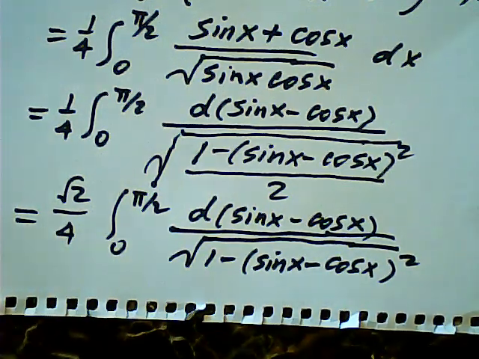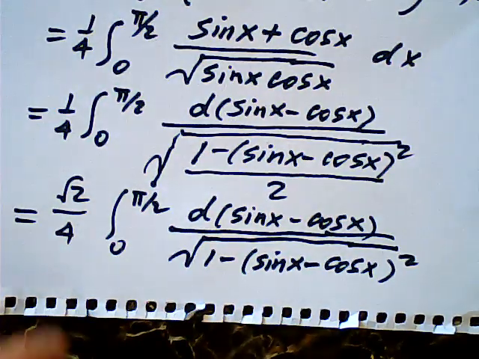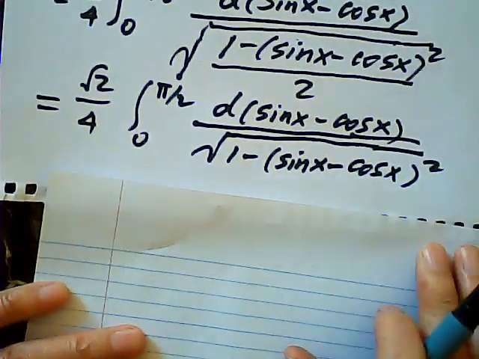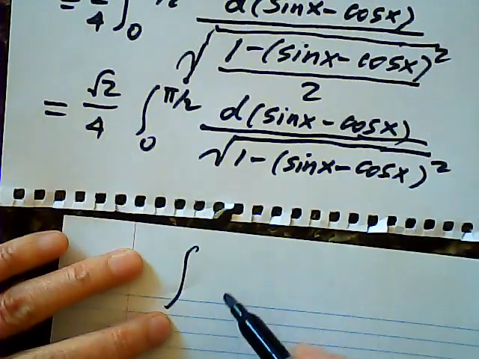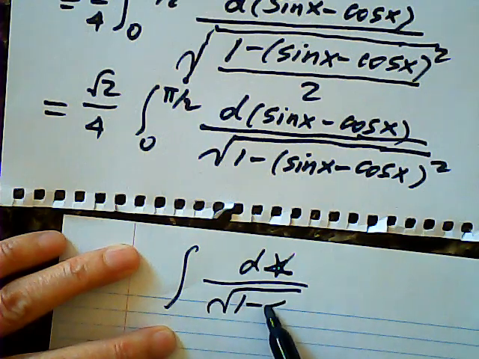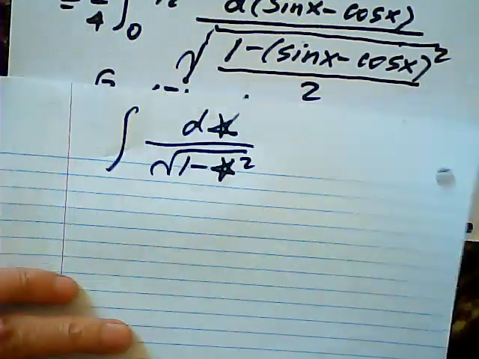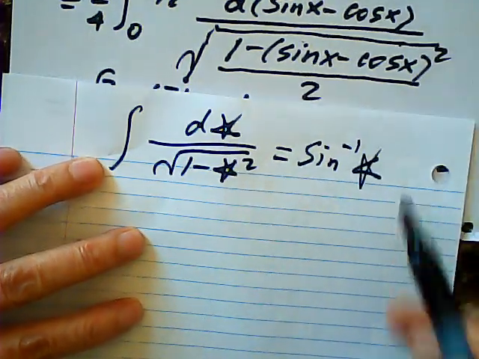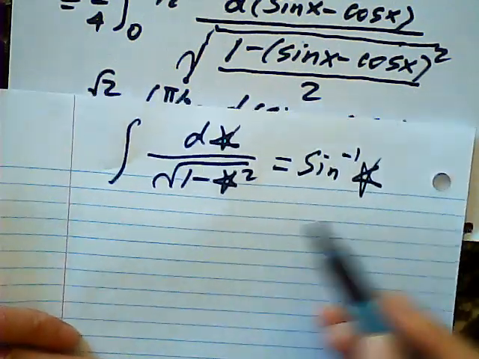I think this is a quite familiar basic integral, which means d star over the square root of 1 minus star squared, right? So that one is equal to arcsine, yes. This is the basic.